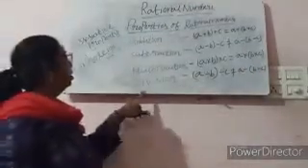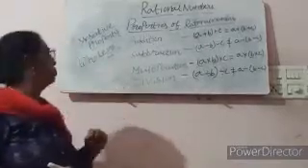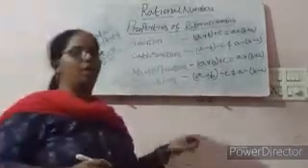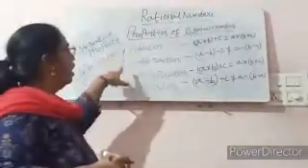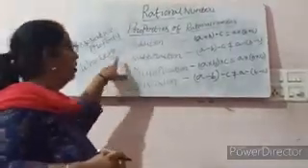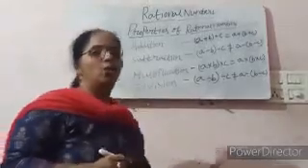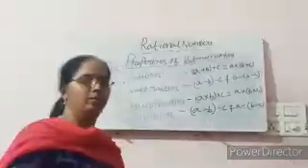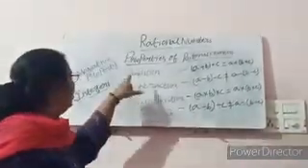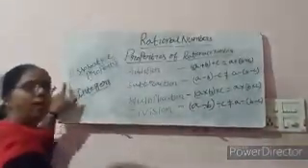So division won't satisfy the associative property of whole numbers. So here the associative property is satisfied only in addition and multiplication, whereas subtraction and division won't satisfy it for whole numbers.